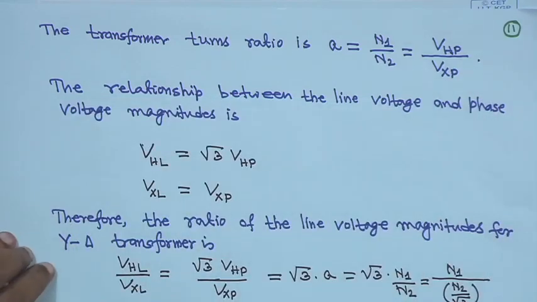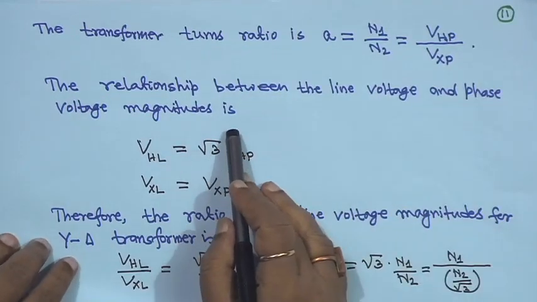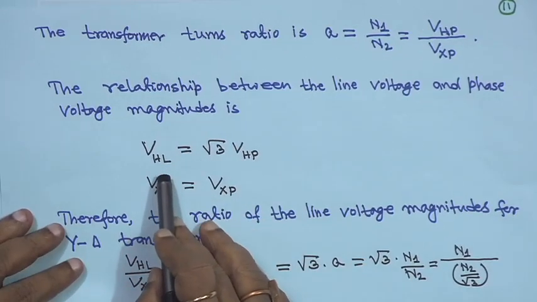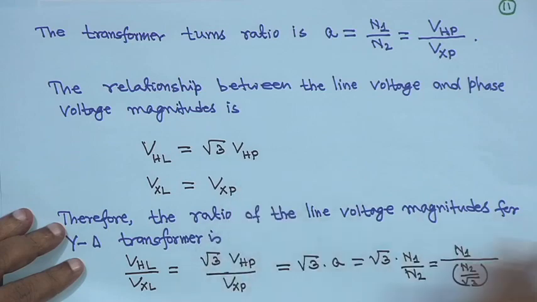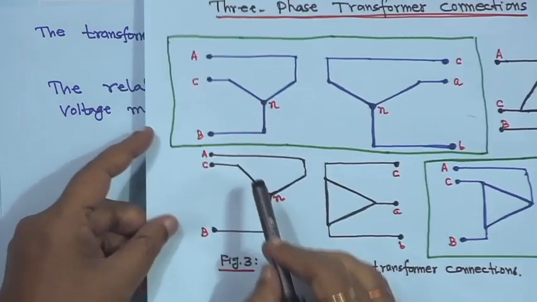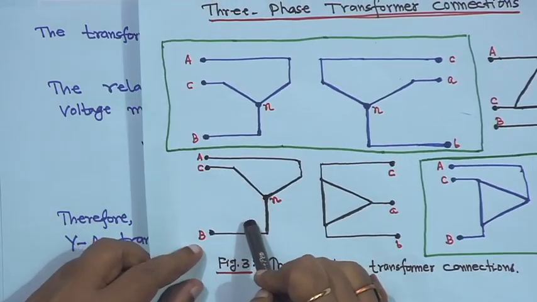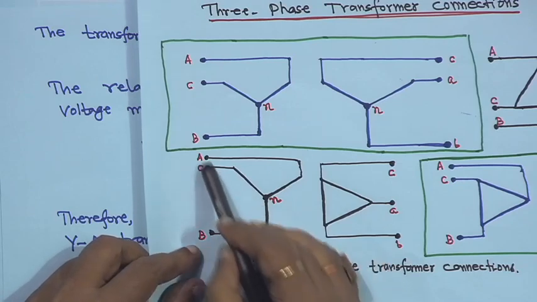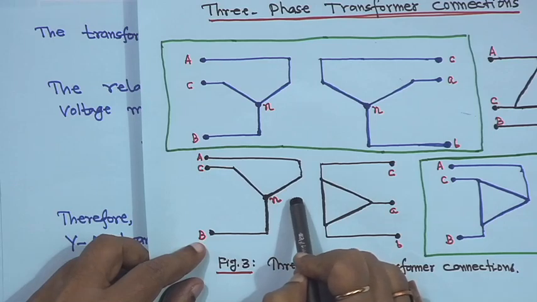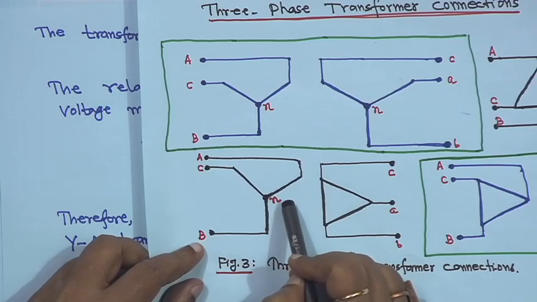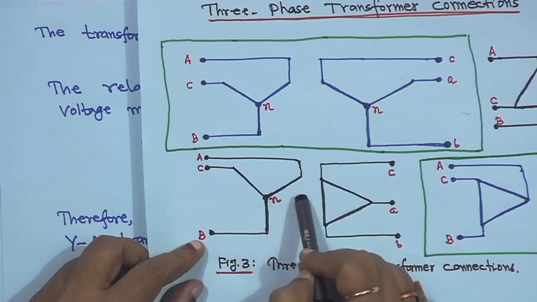The relationship between line voltage and phase voltage magnitude is that the high voltage side line voltage is equal to √3 times the high voltage side phase voltage. For example, if this is your high voltage star side, VAB is equal to √3 times VAN, because they are balanced, or √3 times VBN or √3 times VCN, taking magnitudes.